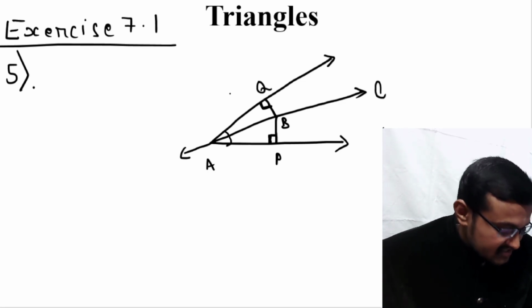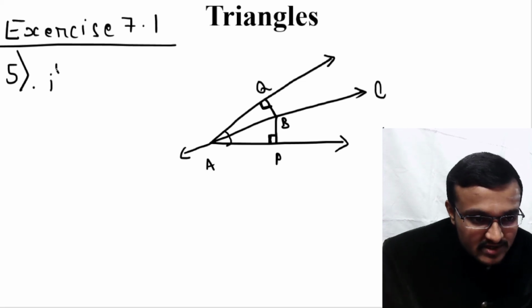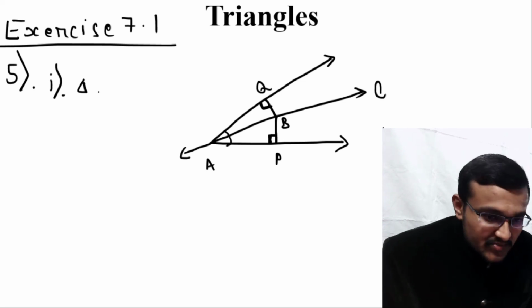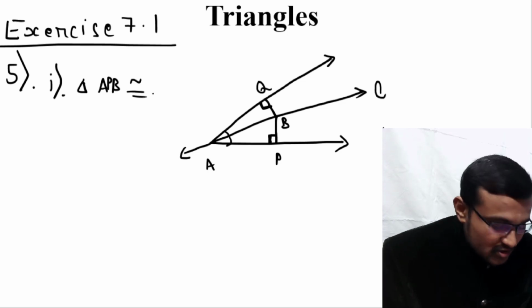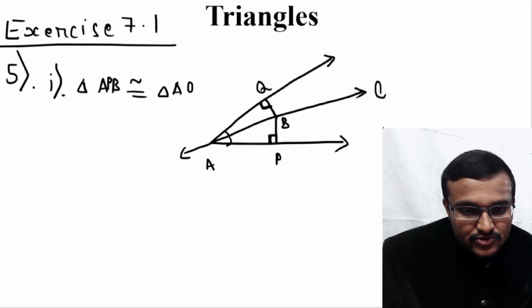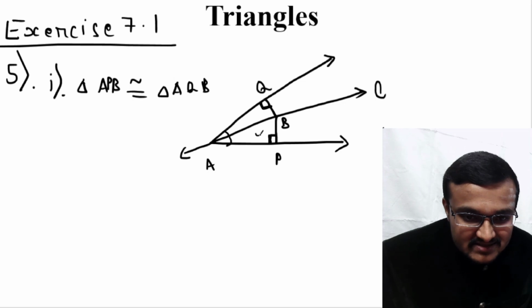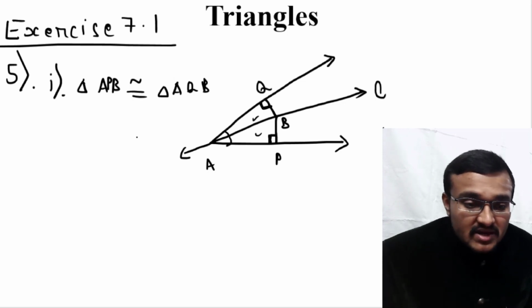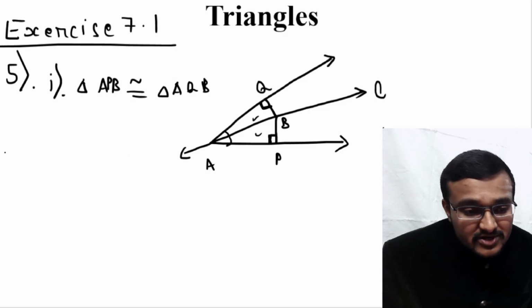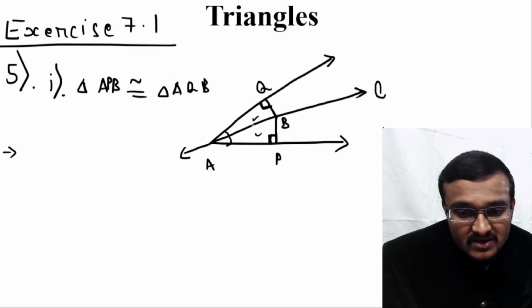Based on this, in the first question you have to prove triangle APB is congruent to triangle AQB. Now we'll look into the solution for this first question.